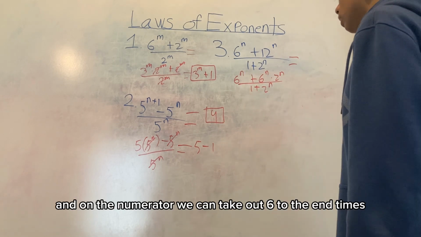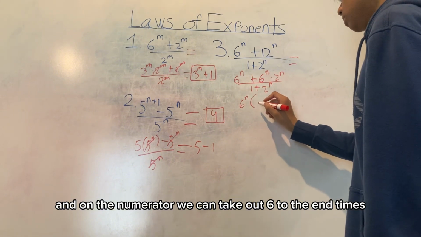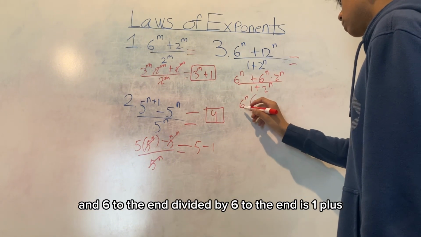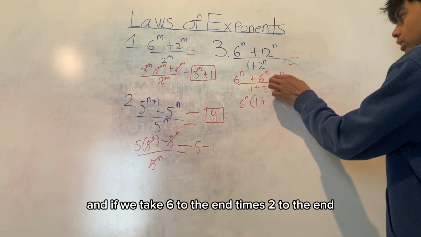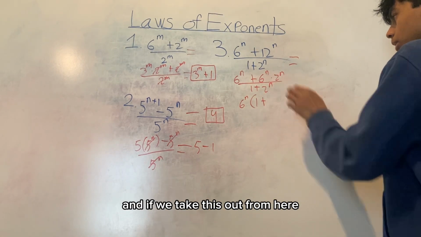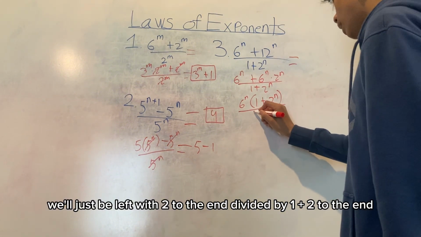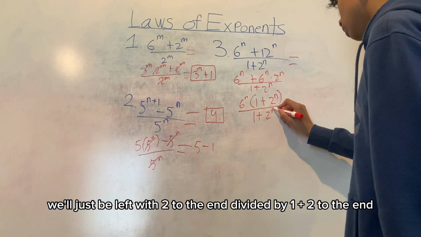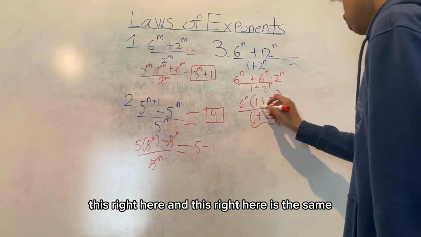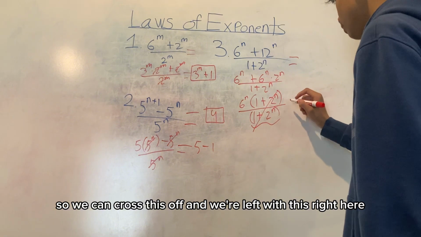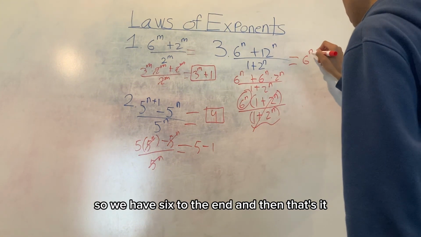And on the numerator, we can take out 6 to the n times, and 6 to the n divided by 6 to the n is 1 plus, and if we take 6 to the n times 2 to the n out from here, we'll just be left with 2 to the n, divided by 1 plus 2 to the n. And we see that this right here and this right here is the same. So we can cross this off, and we're left with this right here. So we have 6 to the n, and then that's it.